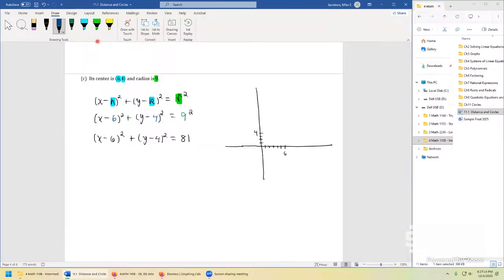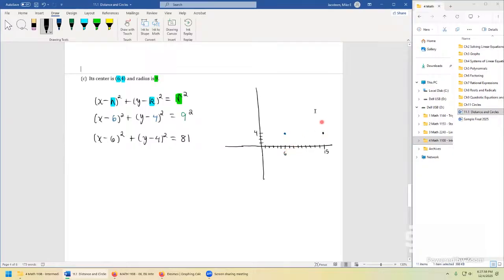And here's our center point. Now, because the radius is 9, it's kind of annoying. We need to go 9 tick marks to the right of 6 to get another point. So that'll take us to 15. 1, 2, 3, 4, 5, 6, 7, 8, 9. So here's 1 point on the circle.